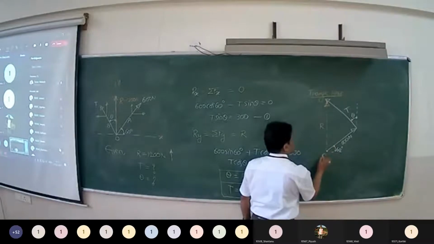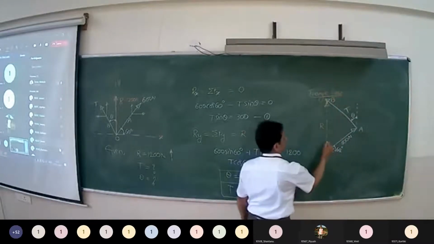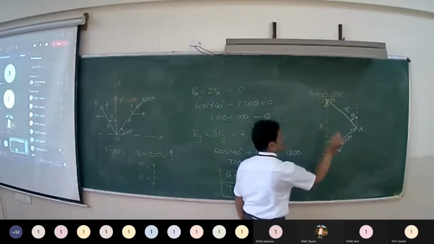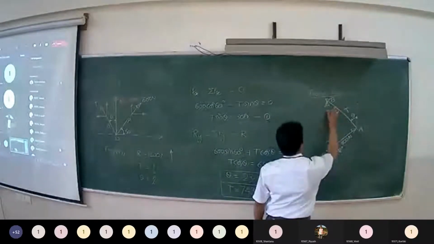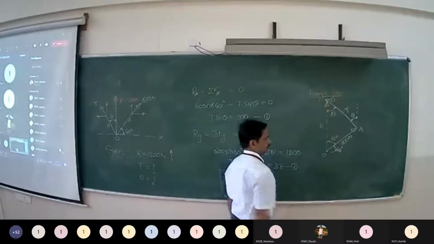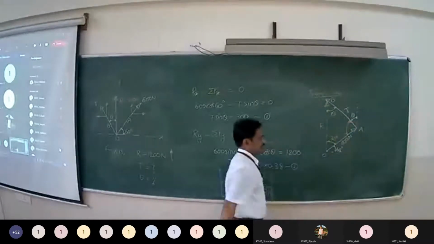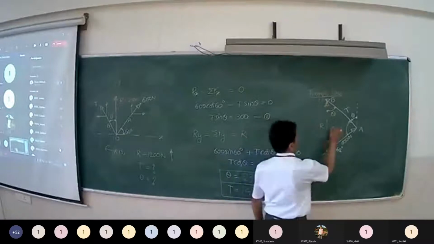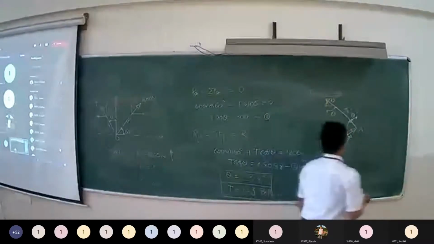Now for this triangle, let us say OAB, you have angle O as 30 degrees, angle B as theta, and angle A is 150 minus theta.